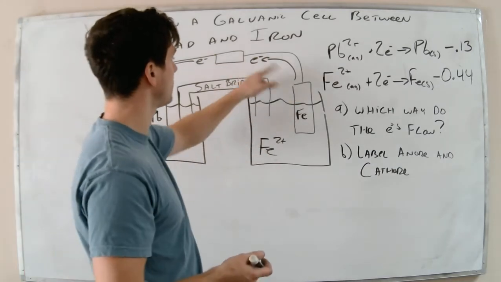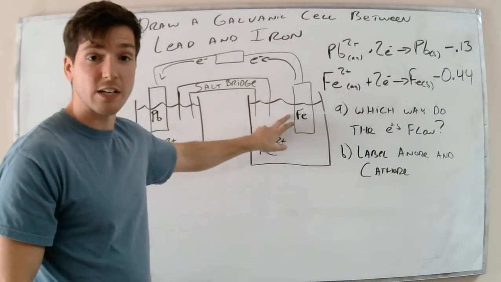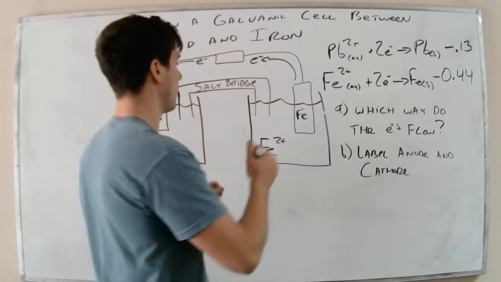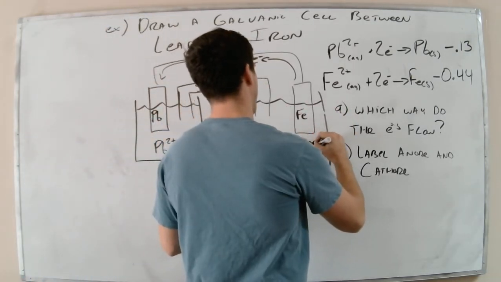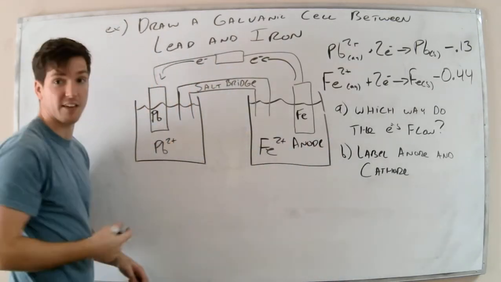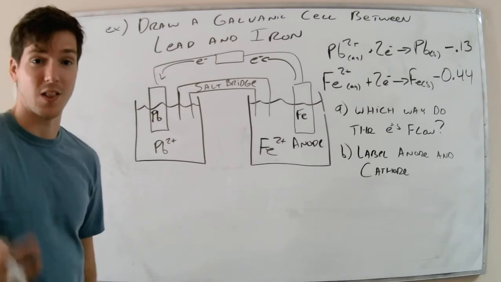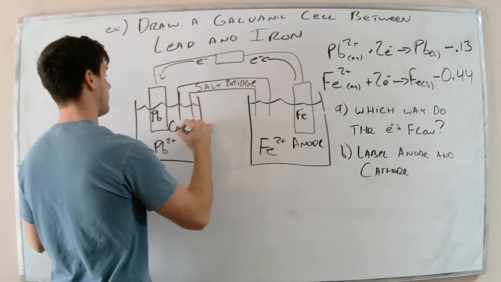Well, iron is losing the electrons, right? The electrons are going to lead. So iron is losing electrons, so it is oxidized. And remember our other saying, An Ox, so oxidation happens at the anode. This is our anode. So that means that this is our cathode, right? Red Cat, reduction at the cathode. GER, gaining electrons is reduced. This guy's gaining electrons, so this is our cathode. Cool.